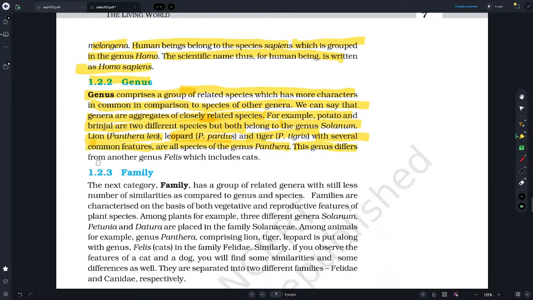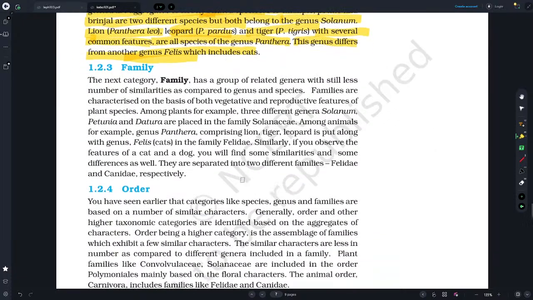This genus differentiates from another genus, Felis, which includes cats. The definition of genus is a group of closely related species having high morphological similarities. This category having closely related species is what we call a genus.